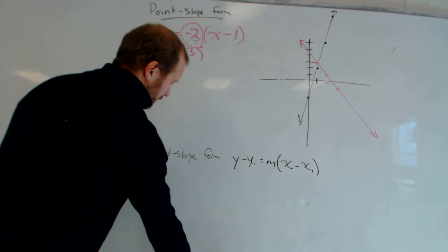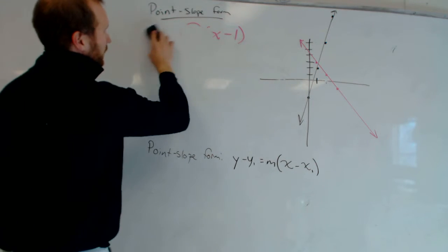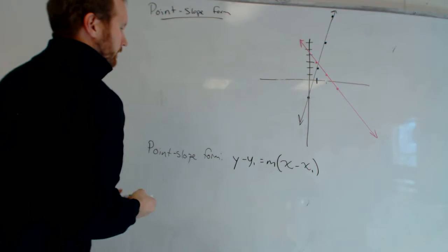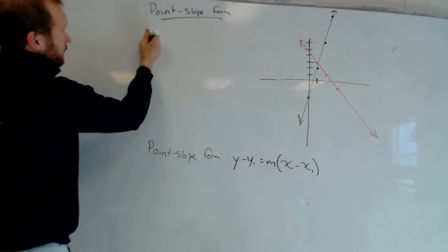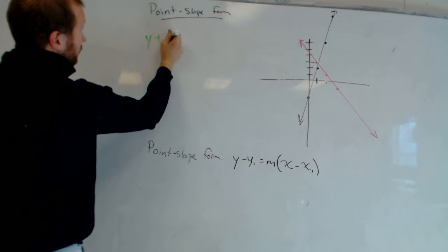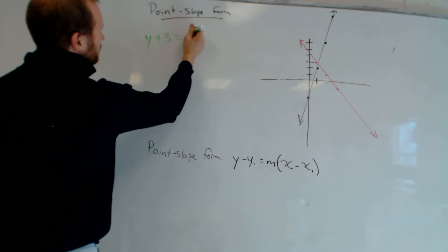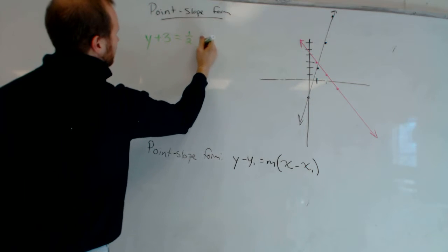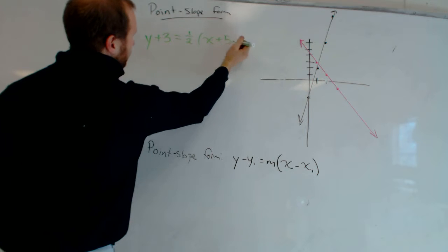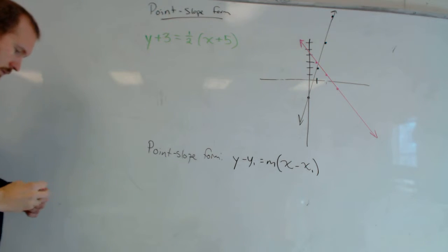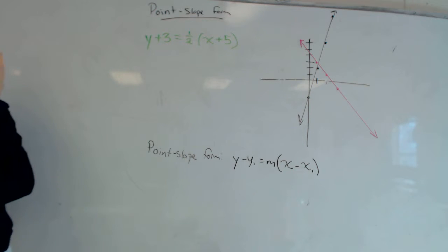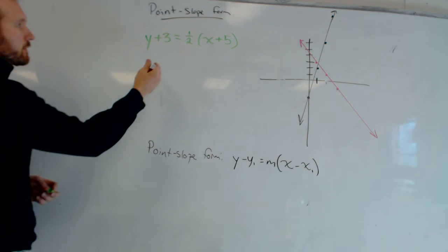Okay. Let's mix it up a little bit. What if I have this? Y plus 3 equals 1/2 (x plus 5). What's my point? Is it (5, 3)?